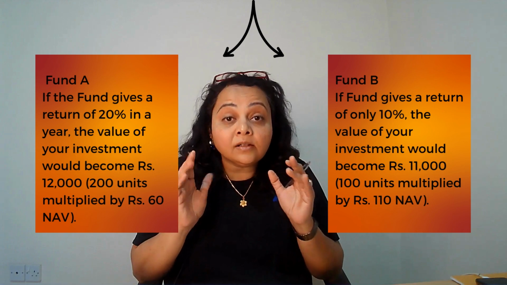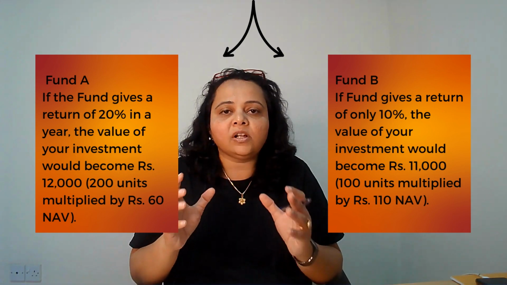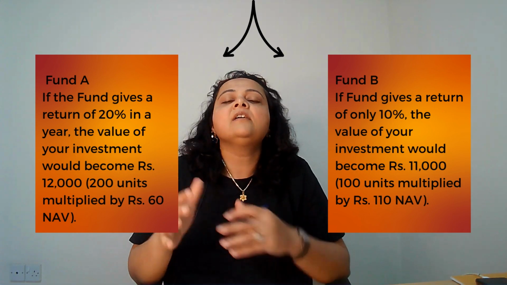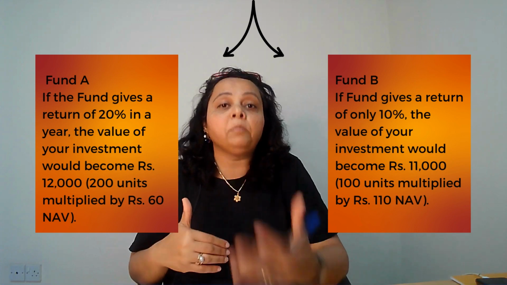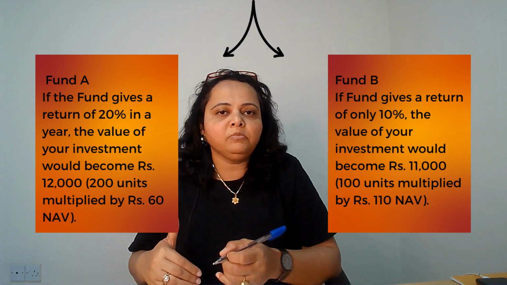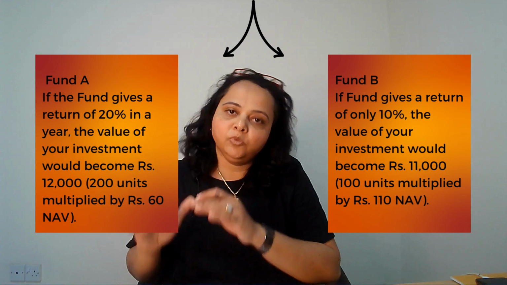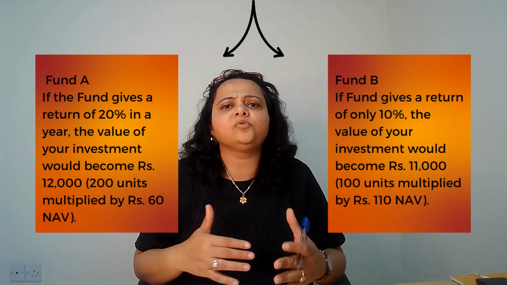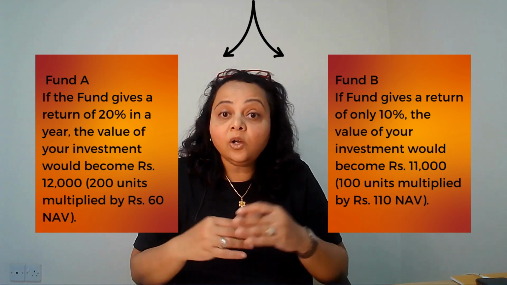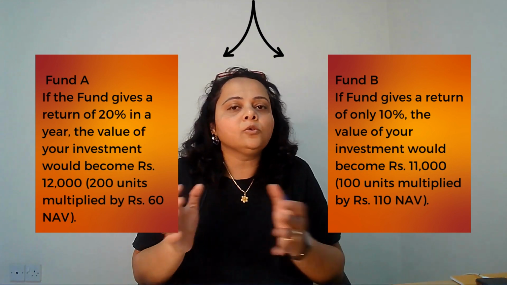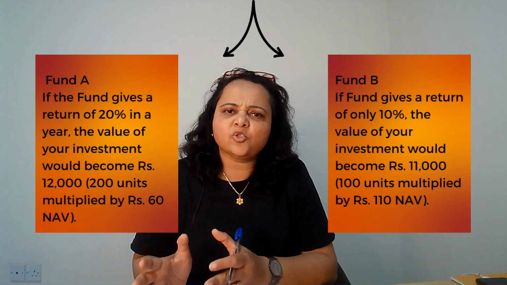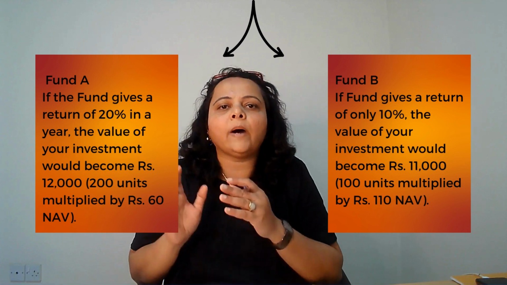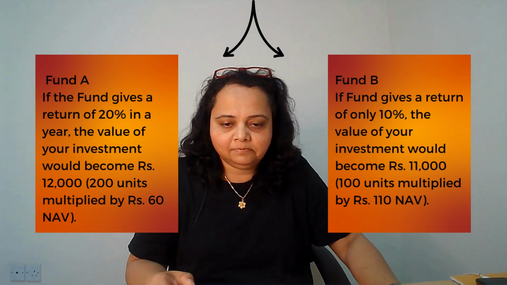Never understand that a higher NAV means good performance and a lower NAV means an underperforming mutual fund. So please, I hope this is clear, because most of the times people generally correlate NAV to the performance of the fund, and that is where they make a mistake while investing in mutual funds.